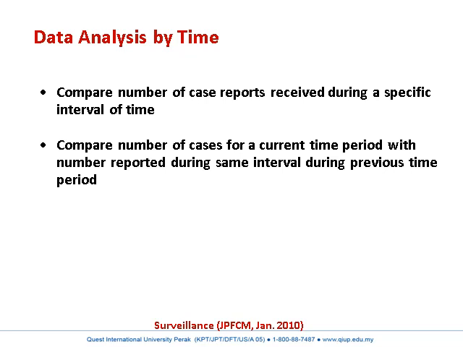Compare the number of cases for a current time period with the number reported during the same interval in the previous time period. So if this year 10 cases are reported, then we have to compare with the same period last year. How many cases were reported?